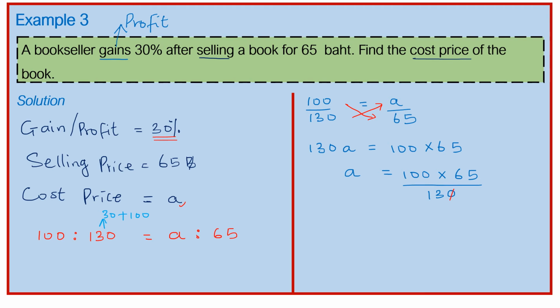So a 0 will go with a 0, okay? And also we get 13 divided by 13, 1. 65 divided by 13, we get 5. So A equals 10 times 5, which is equal to 50. So therefore the cost price was 50 baht.